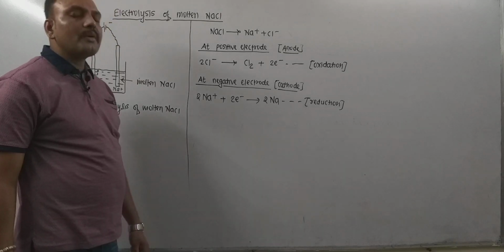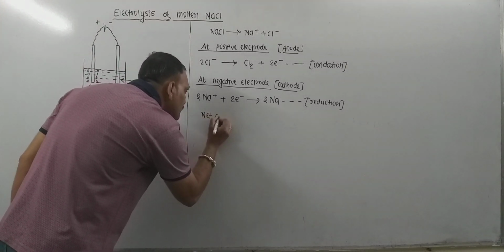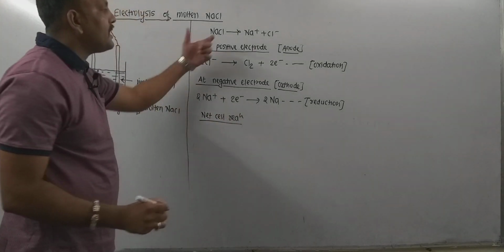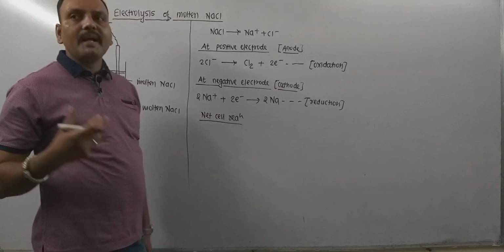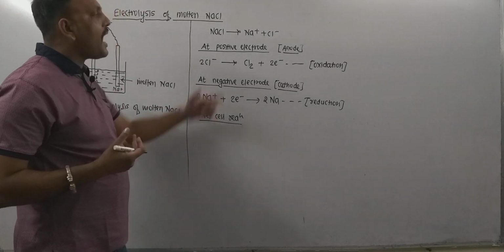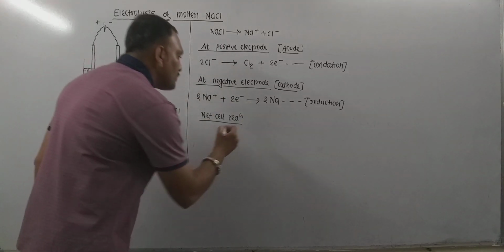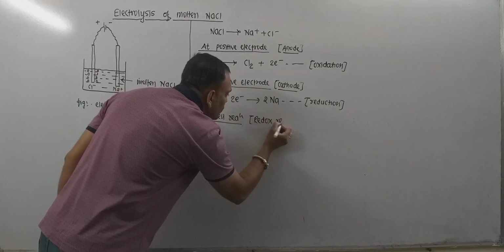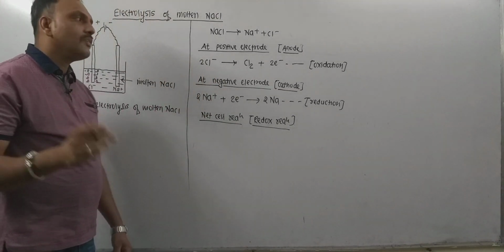Now, in order to get the net cell reaction, we need to add these two reactions, I mean the oxidation half and the reduction half. If we add these two, we get the net cell reaction, and hence the net cell reaction is also called a redox reaction. In every cell, remember, the cell reaction happens to be redox.